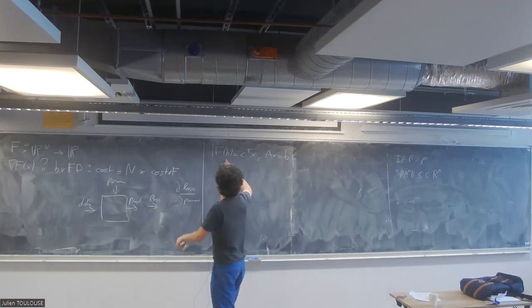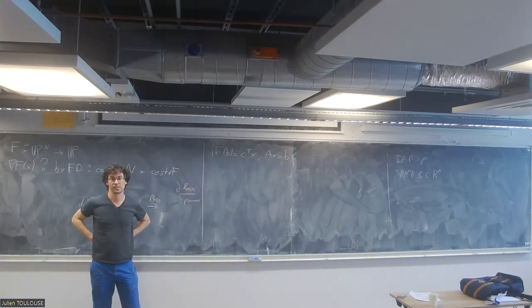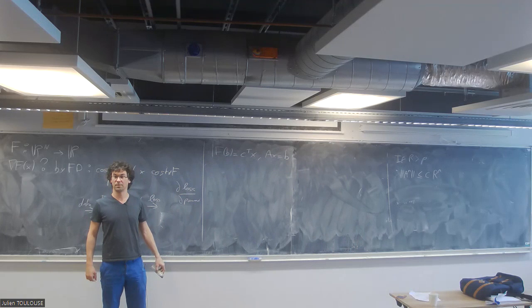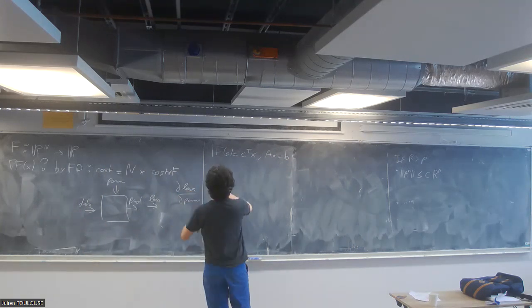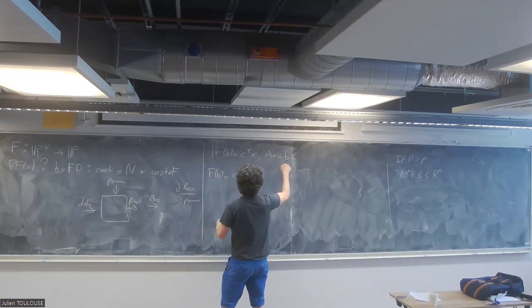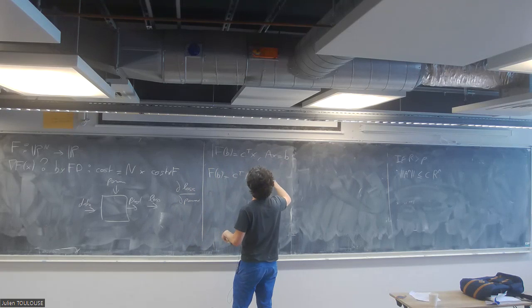Well, for this one, it's easy. This is simple; this is explicit. f of b is c transpose x, and x is A^-1 b.